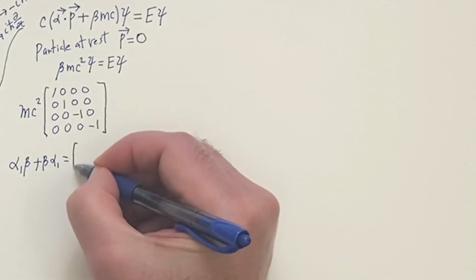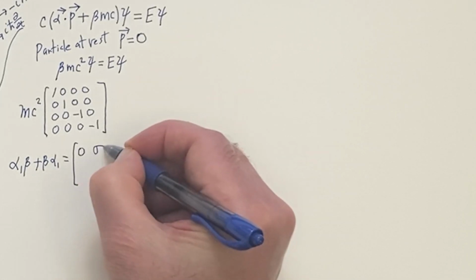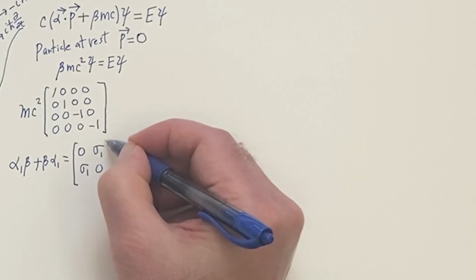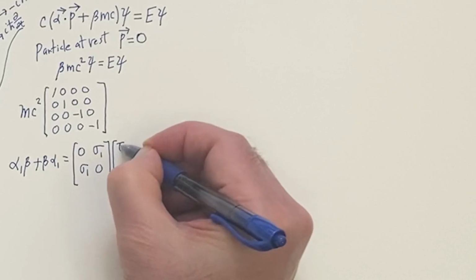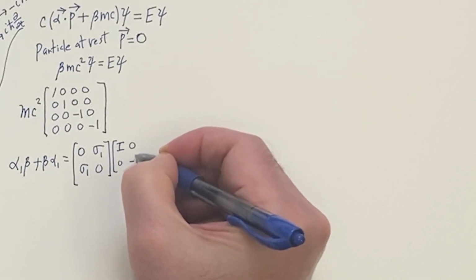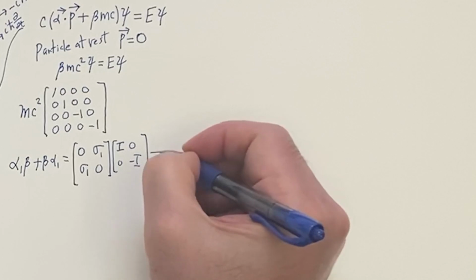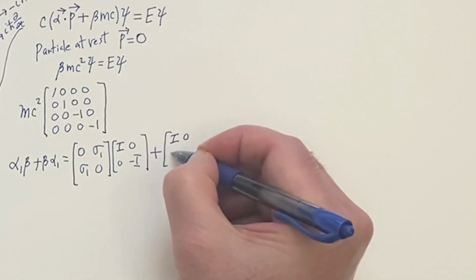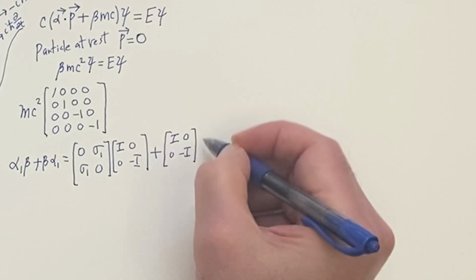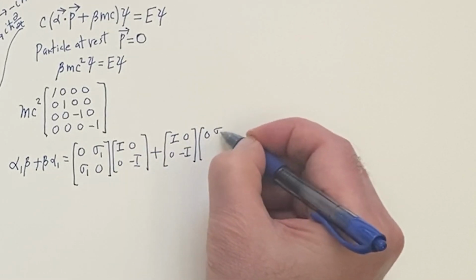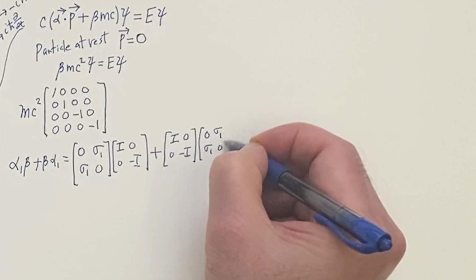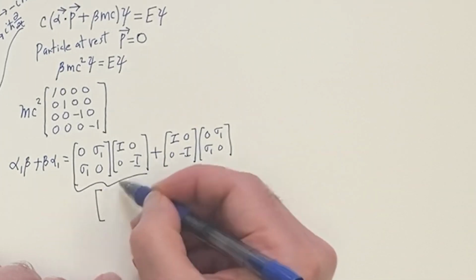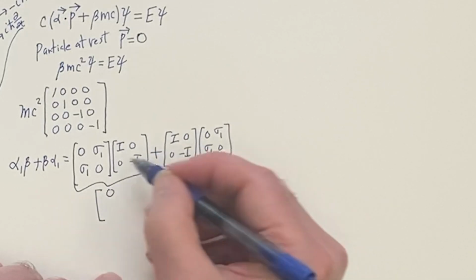Okay, so let's do it using our shortcut. This is sigma 1, and 0. And this is identity, and this is minus identity. And then we're going to add here identity, minus identity with the sigma 1s on the right side. So this would get you sideways here is 0.